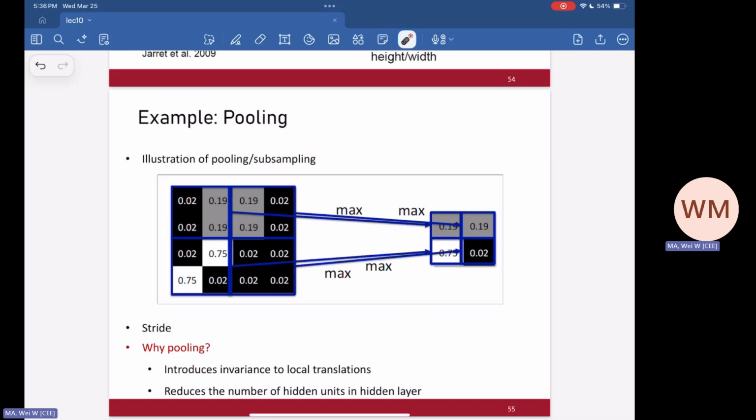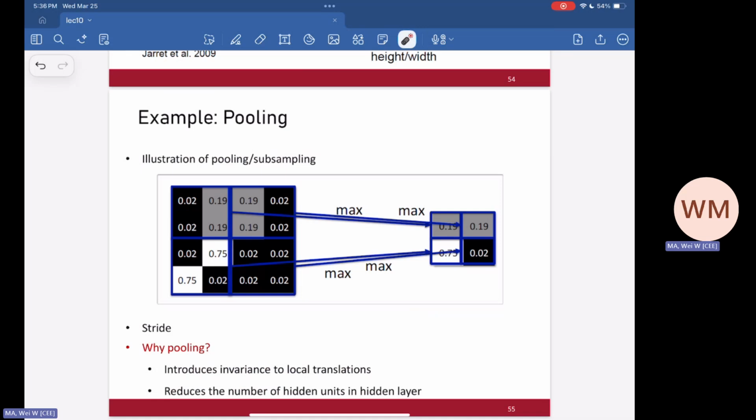Why are we doing subsampling? There are several reasons. One reason is that if you think of an image and you reduce the size, you are looking at a very abstract or low resolution image. If you can perform well on this low resolution image, then you can perform well on the original image.